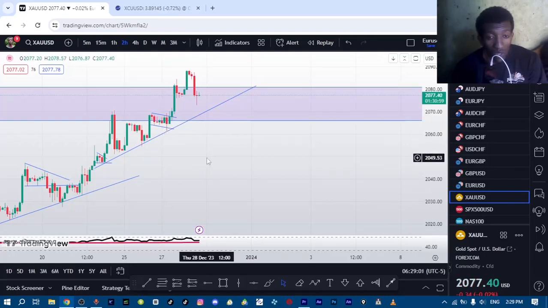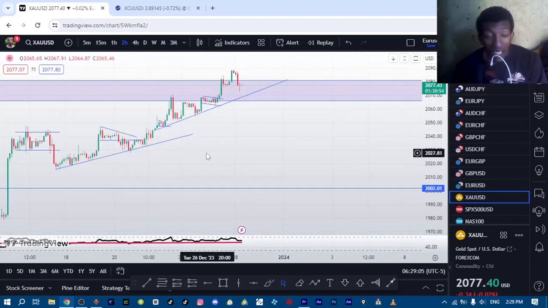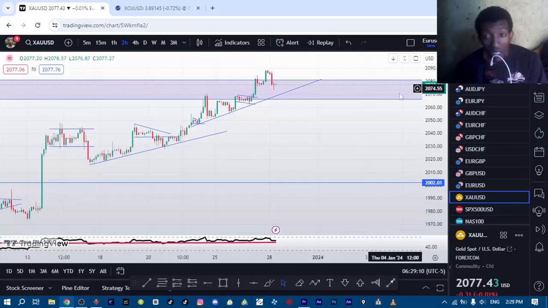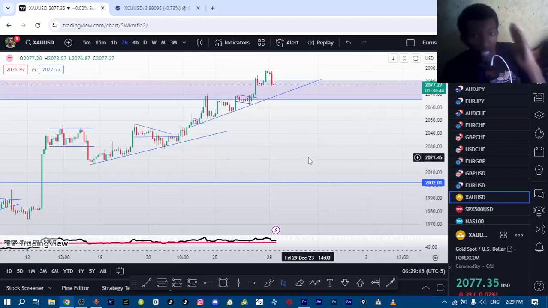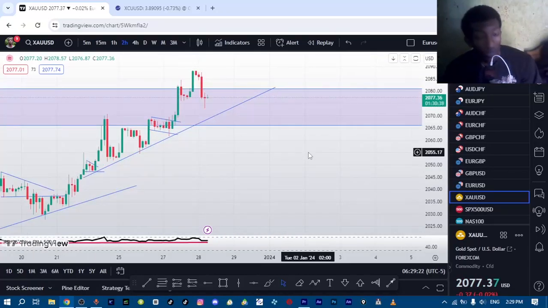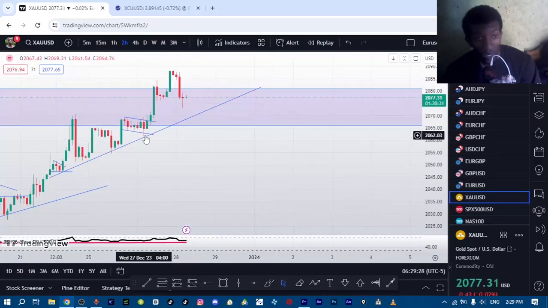In this way you might filter these fake out trades. Trend lines are the secret. Trend lines are the most powerful tool that you can use on this charting platform. It's just amazing. So as you can see, this could have been prevented if we had used a trend line.